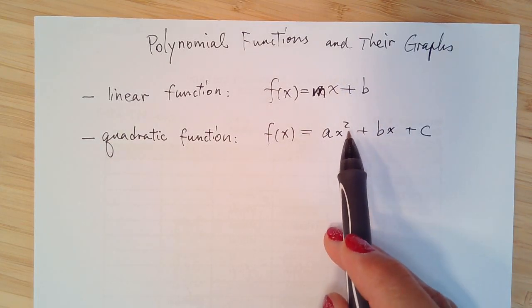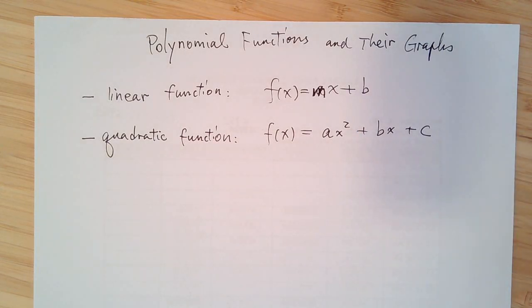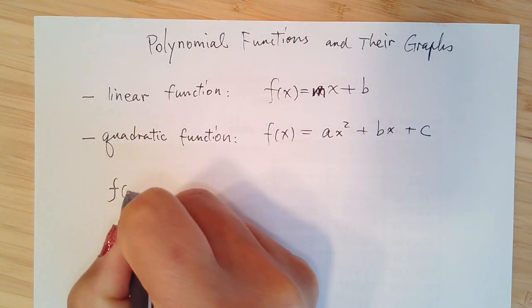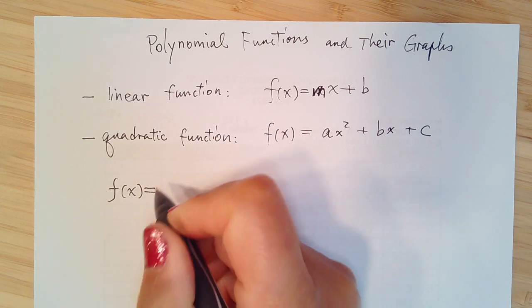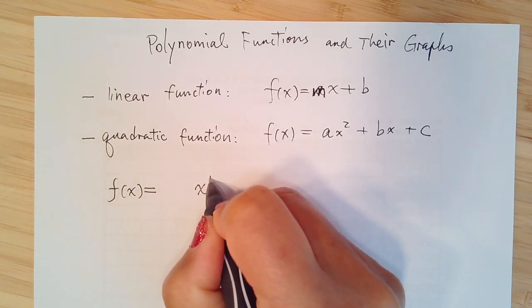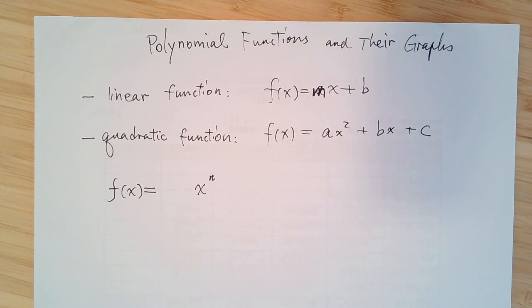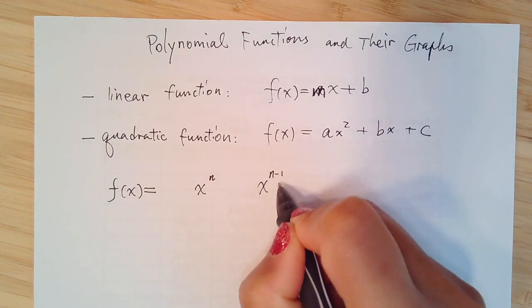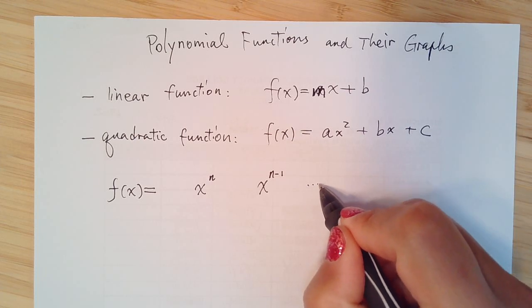What about if this power gets higher and higher? Let me write this. f of x equals something with x to the nth power, and something with x to one power lower than that, and so on and so forth.